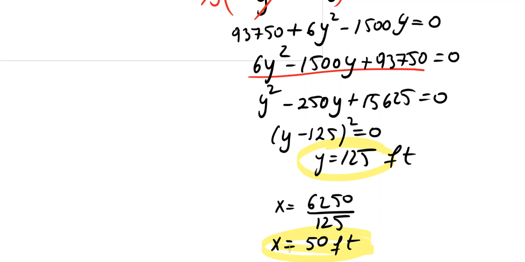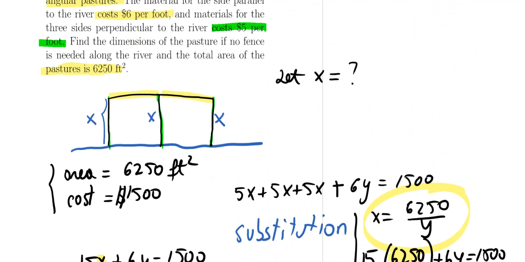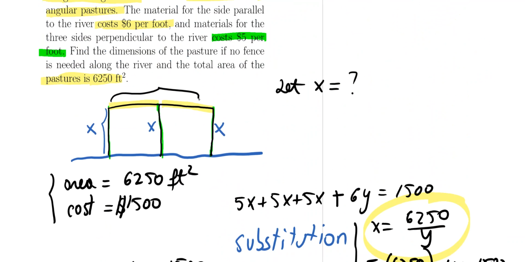Okay, so we solved. So now if you go back in here, you know that this is your y and it has to be 125 feet, and each of these should be 50 feet. 50, 50, 50.